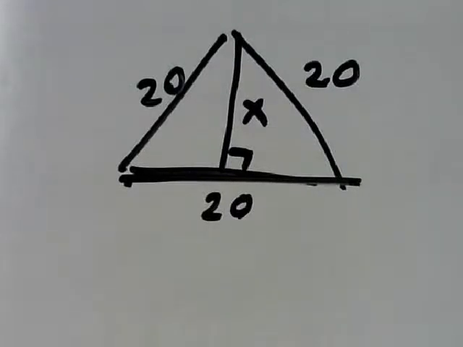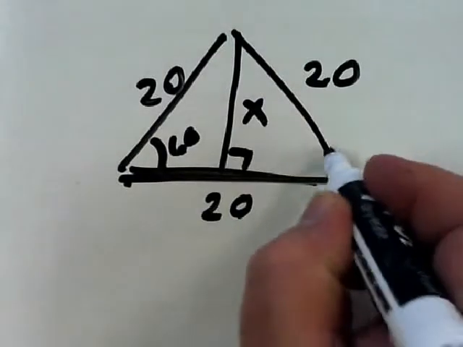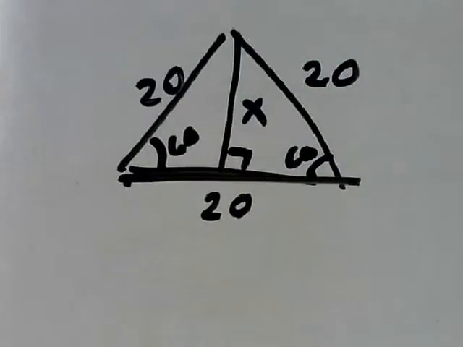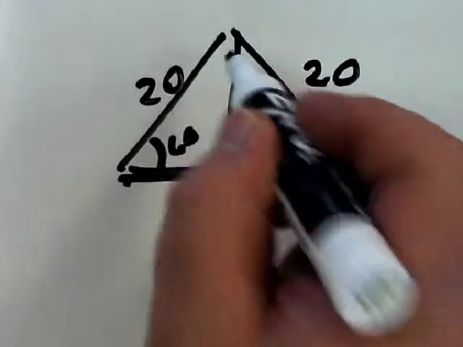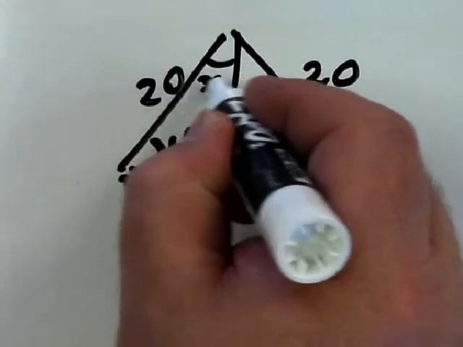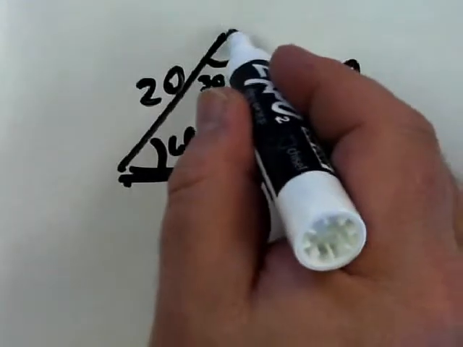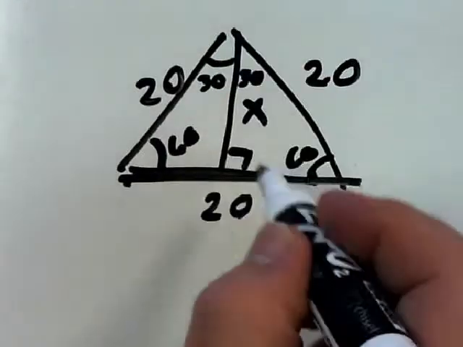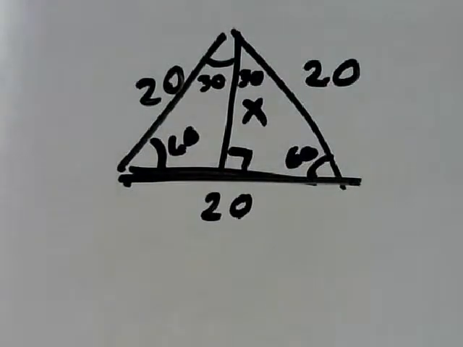Equilateral, right? Which means this angle is 60, this angle is 60, which means this angle was 60, but it happens to be bisected, so this is 30, and this is 30. If I look at this triangle right here, don't I have a 30, 60, 90 right triangle? The length of this side is 10.